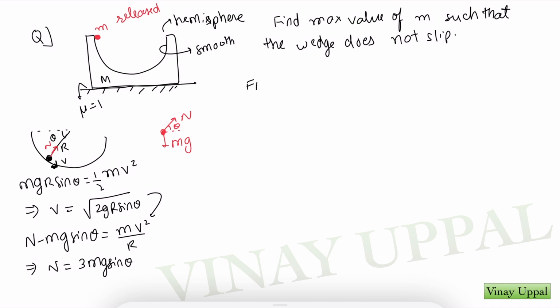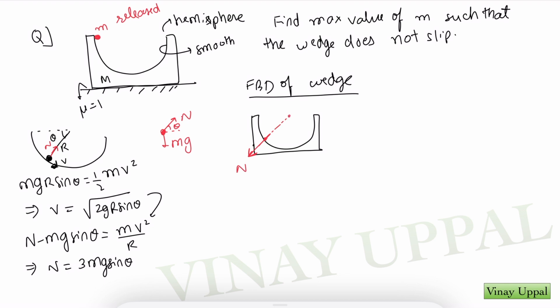So now if I draw the FBD of the wedge, I'll have a normal force this way, capital Mg for the wedge, a ground normal, and I'll have a static friction to the right, which will balance out the horizontal component of this normal force.